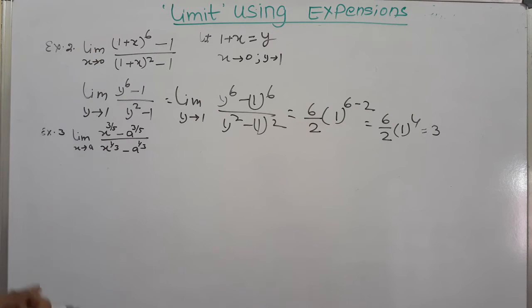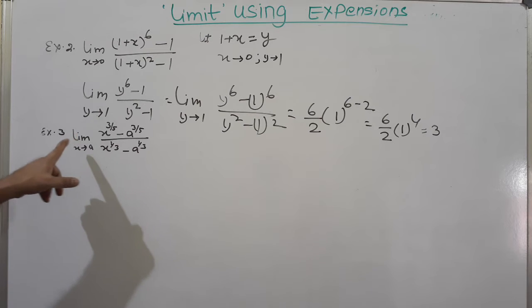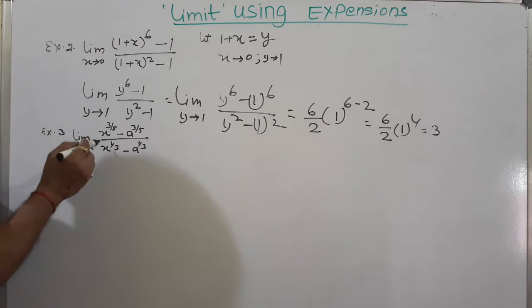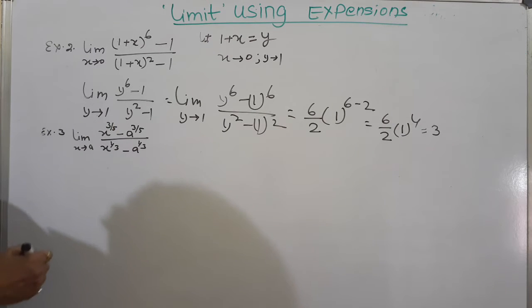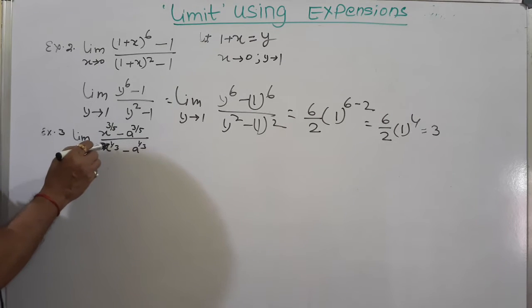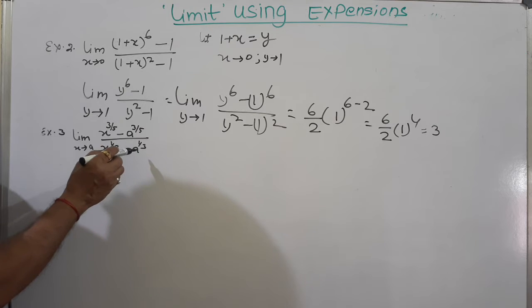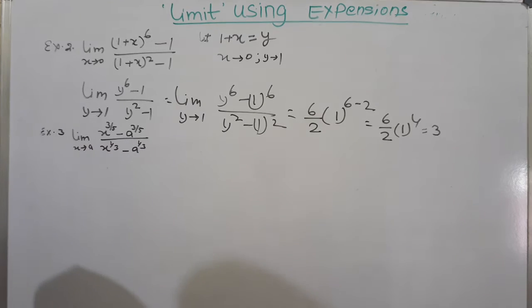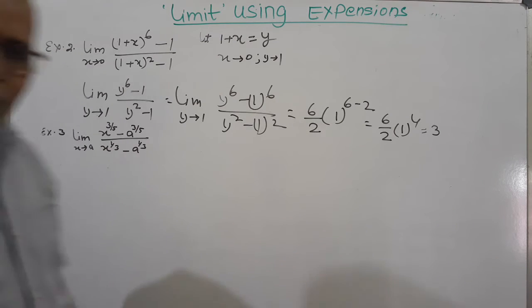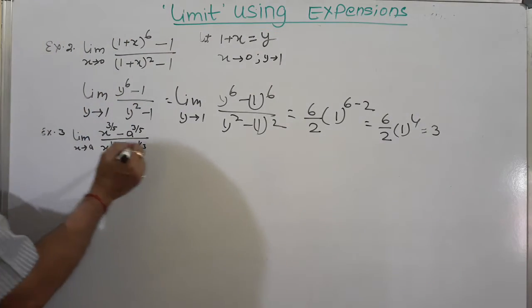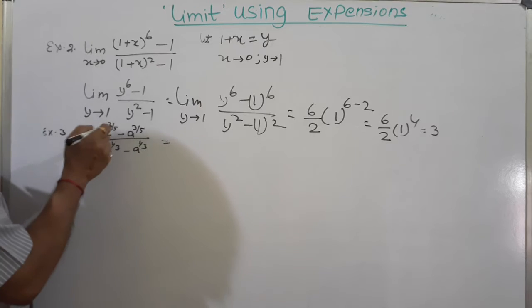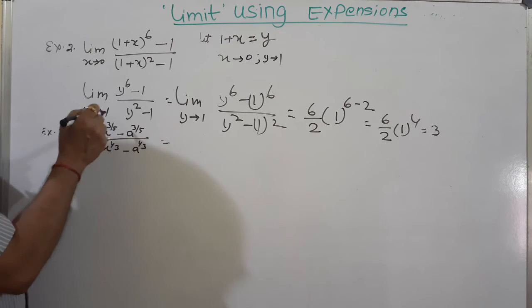One more example I am giving you. Example 3. Limit x tends to a, x to the power 3 by 5 minus a to the power 3 by 5, whole divided by x to the power 1 by 3 minus a to the power 1 by 3. We will use the second formula. The second formula is easy and direct. We can do first power by second power, m by n.